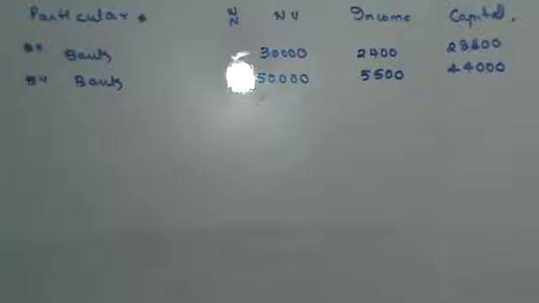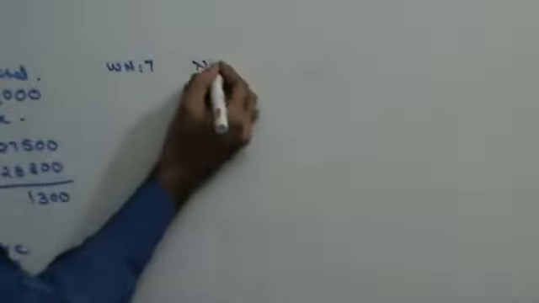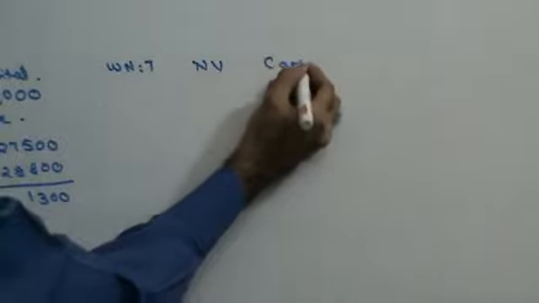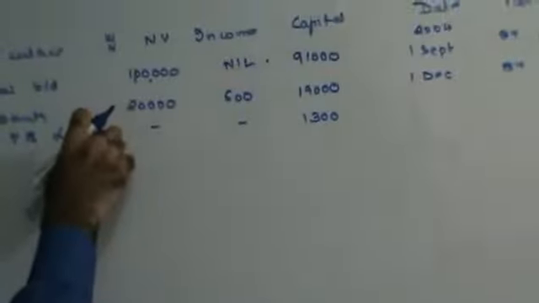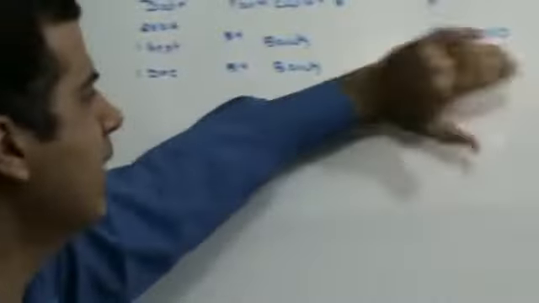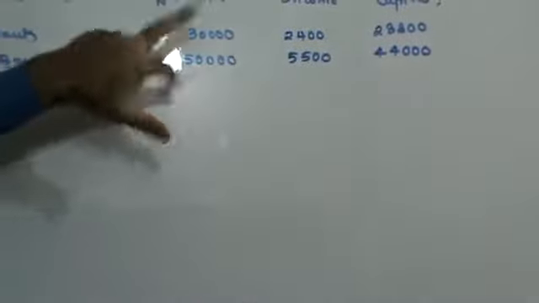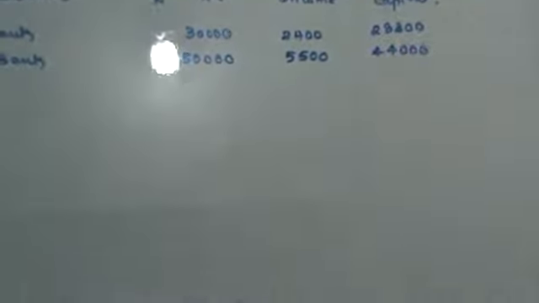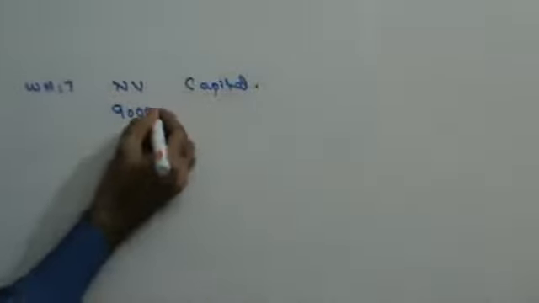Now, working note 7. Let's find out the profit. Nominal value, capital. Your date of sale is 1st December. Before the date of sale, how much have you purchased? 1,20,000. Out of that, before the date of sale, you had sold 30,000. So 1,20,000 minus 30,000 means you have 90,000 worth face value of investments with you. At what price had you purchased?